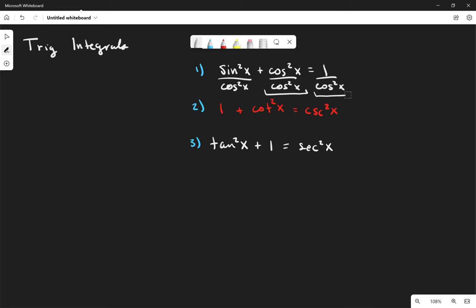And so these three identities are the ones you need to know. In fact, just so they all look the same, I'm going to rewrite this in white. You have to know these.